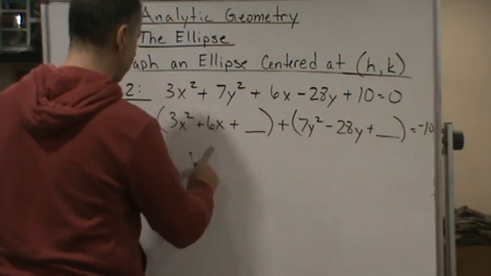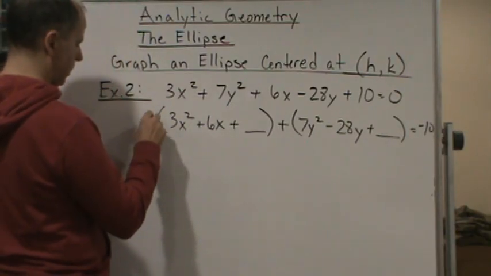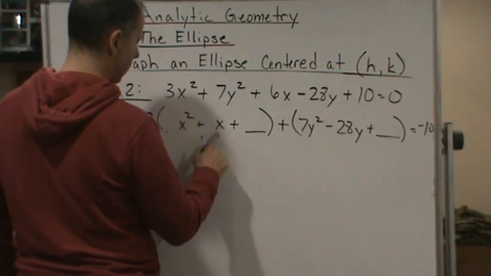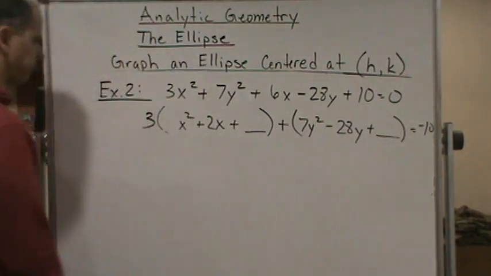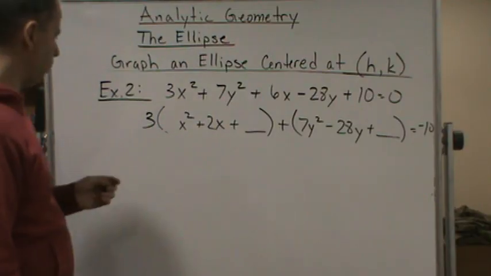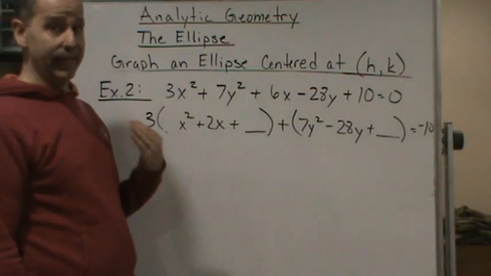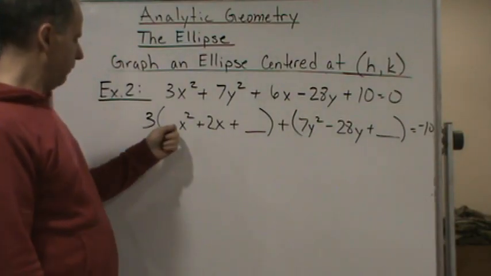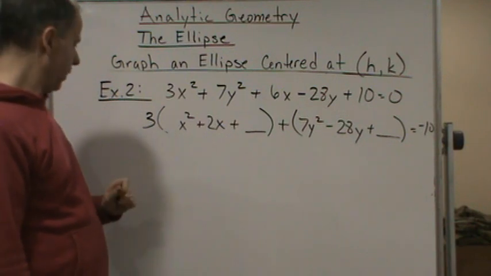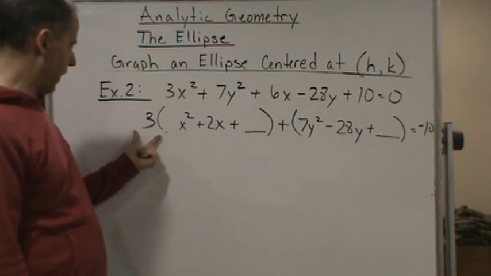So if I factor out a 3 first, this is going to become 1. This is going to become 2. Now, it may not change the result, but it can, and it most likely will mess things up if you don't. Again, remember, you cannot do completing the square if you have something other than a 1 for the leading coefficient. So I just factored out a 3.